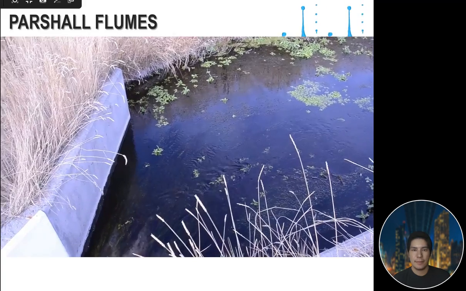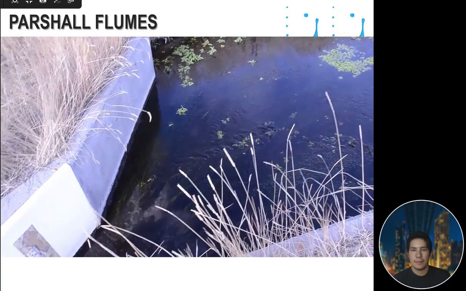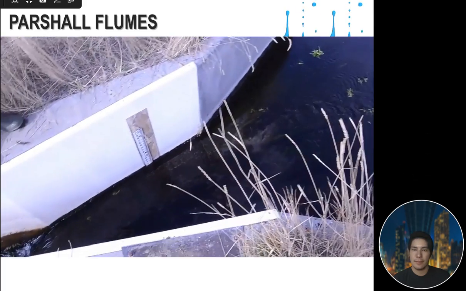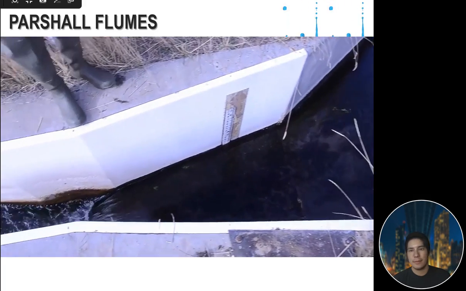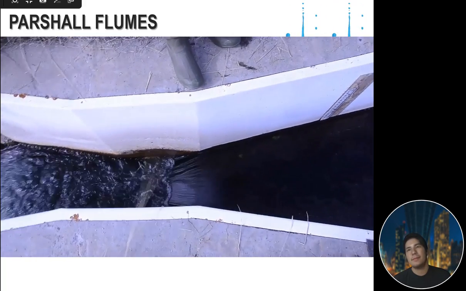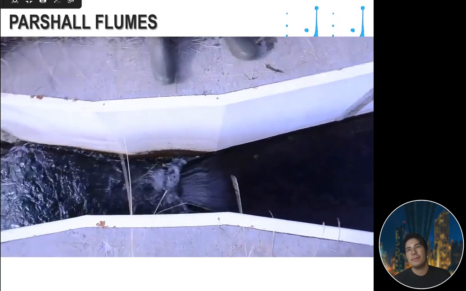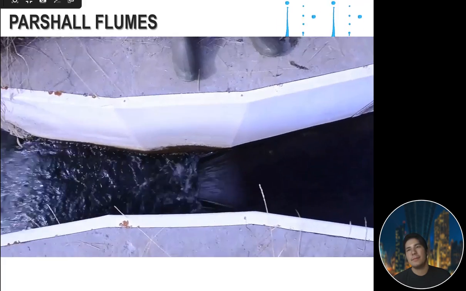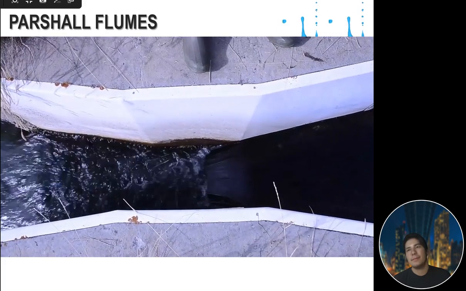Okay, now that we've established that we have a good approach to this flume, that the flow is tranquil, another aspect of ensuring that we have proper functioning condition in this partial flume is to make sure that we are in a free flow condition. And that's pretty easy to tell in a partial flume visually.